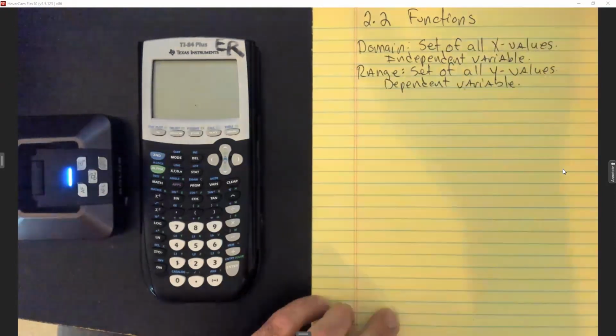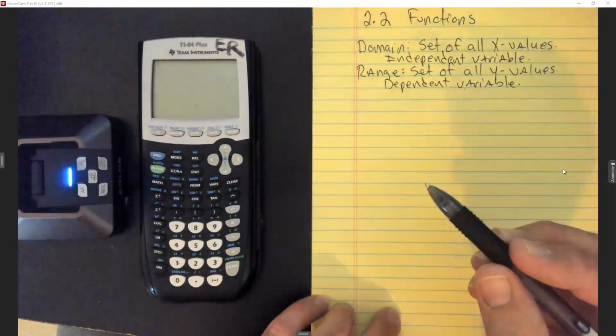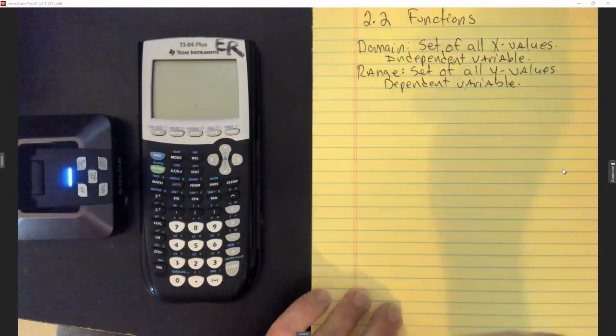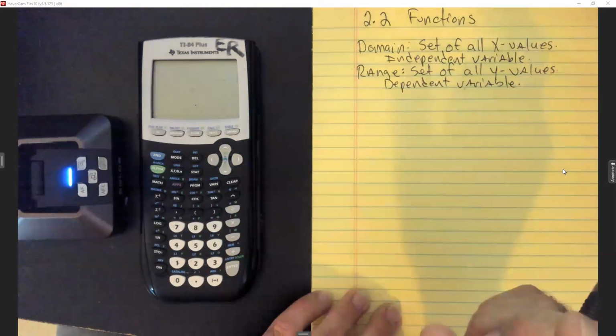So if you're looking at a function such as your pay, your hours you worked would be your domain, and your pay would be the range. So if you notice, you can work any hours you want, but your pay depends on how many hours you work, okay?